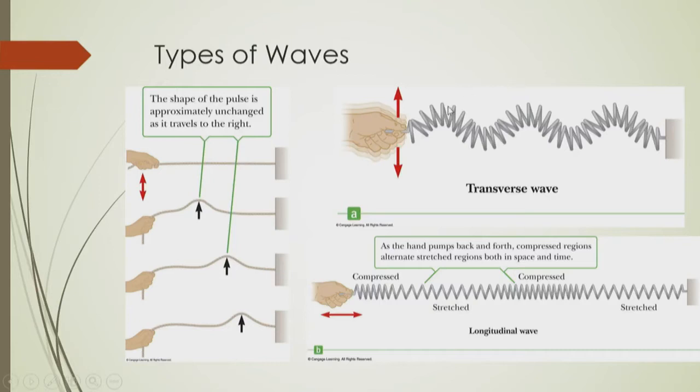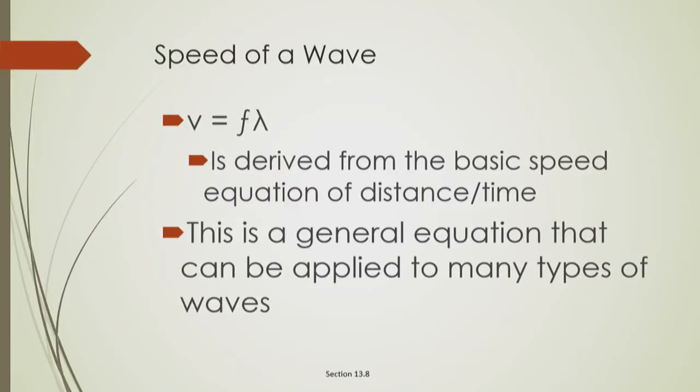Period is the time it takes to complete one complete cycle. And frequency is the inverse of the period, measured in 1/seconds. Wavelength is measured in meters. I've got a velocity in meters per second. So for all waves, velocity is going to equal frequency times lambda.